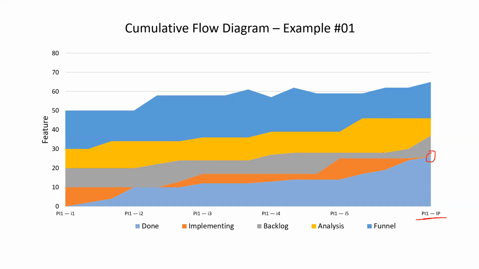As you can see, the trend is that the analysis line is getting reduced, the backlog line is also getting increased, the implementing is getting nil, and the done is also almost done. Nothing is there to move into done. So today, let's suppose we are doing a production deployment. Well and good. But what's the next step? How soon do we need to start progressing the next issues, the next features or request tickets in the queue?